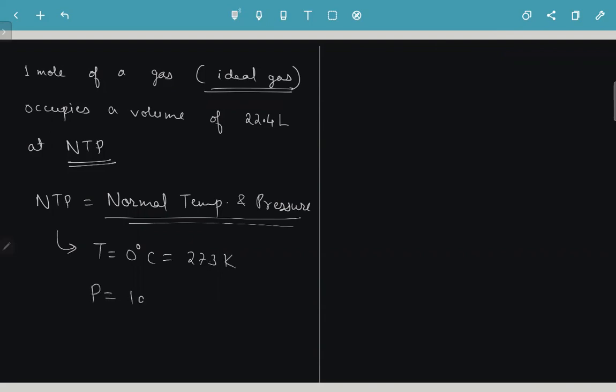Value of pressure is 1 atmosphere, 1 atm. Atm is a unit of pressure. It can be expressed in different units. It is equal to 1.013 bar, and 1 bar is 10 to the power 5 Pascal, so 1 atm is 1.013 into 10 to the power 5 Pascals.